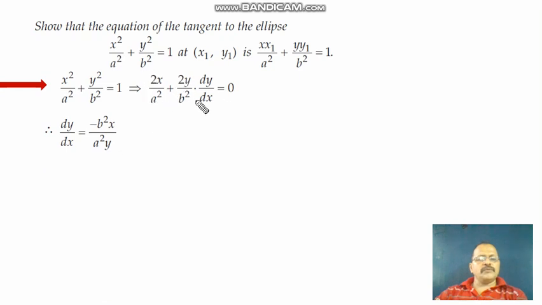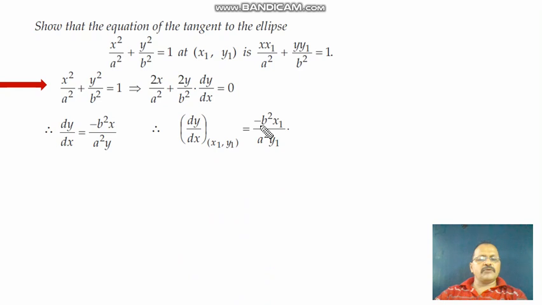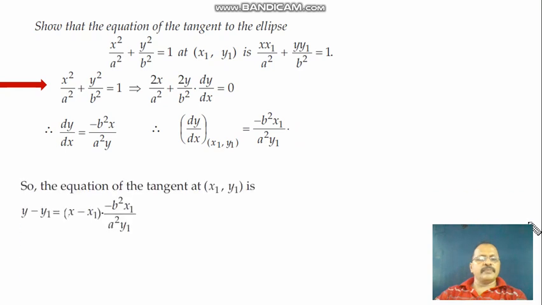Therefore, from this we get dy by dx is equal to minus b square x upon a square y. You might have solved this problem of obtaining derivative in parametric equations. Dy by dx is found out. Now dy by dx at point P(x1, y1) is equal to minus b square x1 upon a square y1.